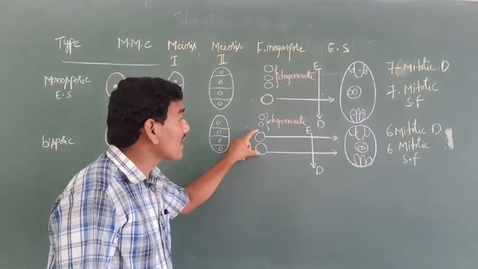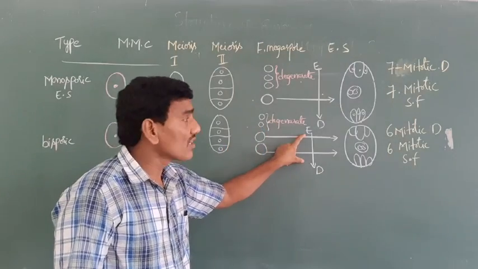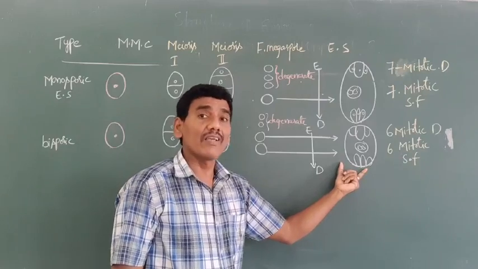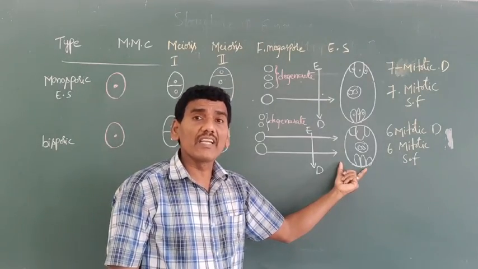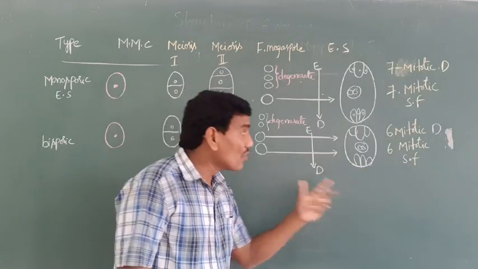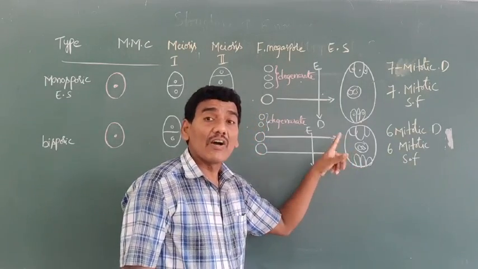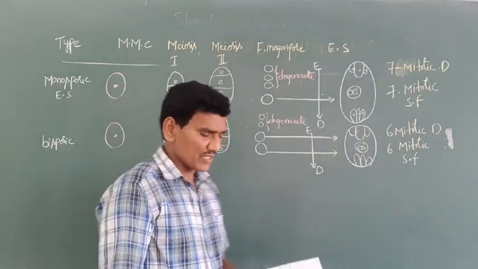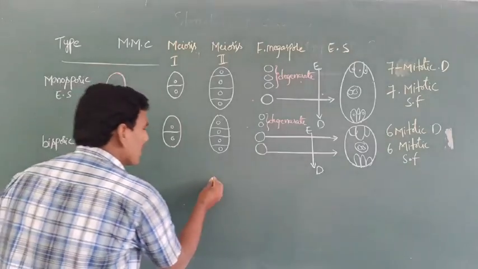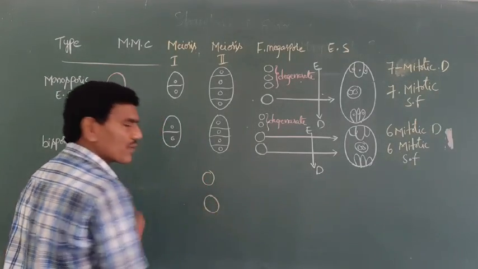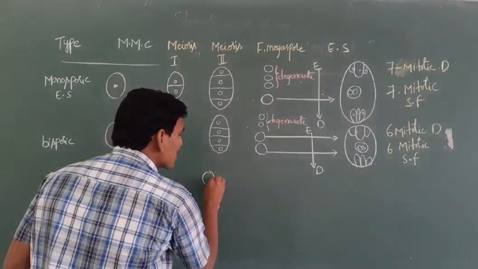The 2 functional megaspores undergo 6 mitotic divisions to form the 7-celled and 8 nucleated embryo sac. How is the 7-celled and 8 nucleated embryo sac developed in the bisporic type? For example, see this one. This is the functional megaspore.